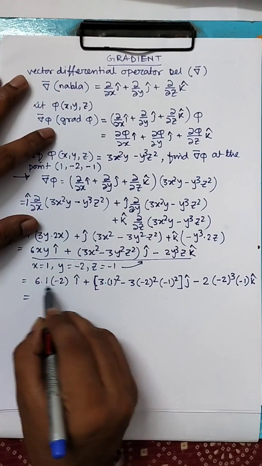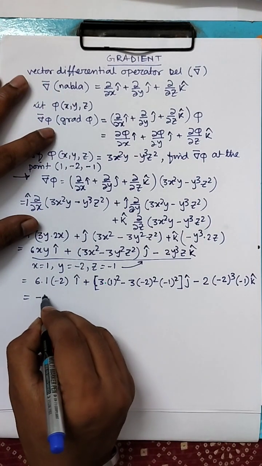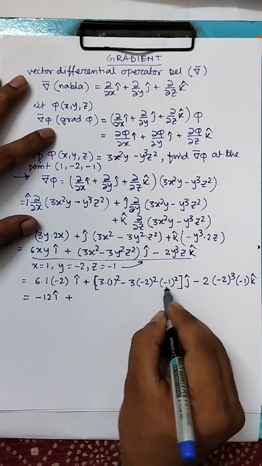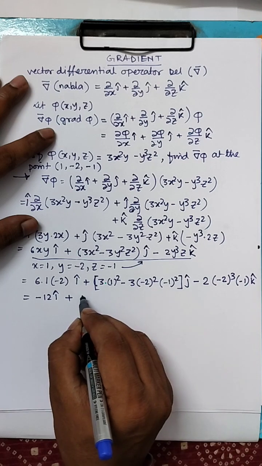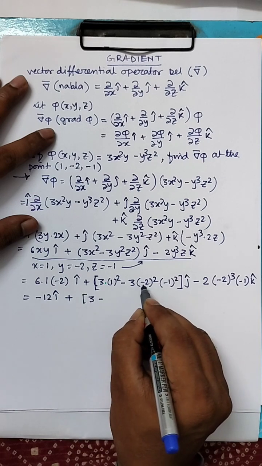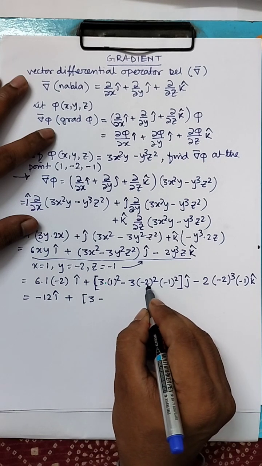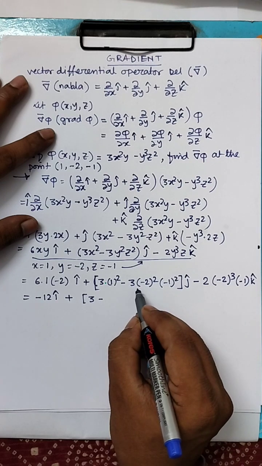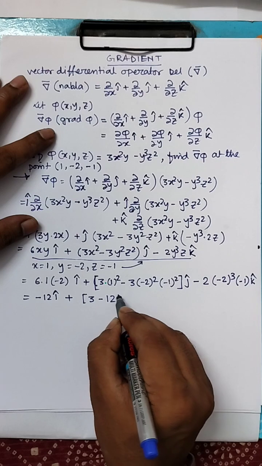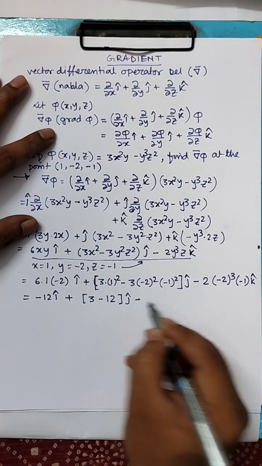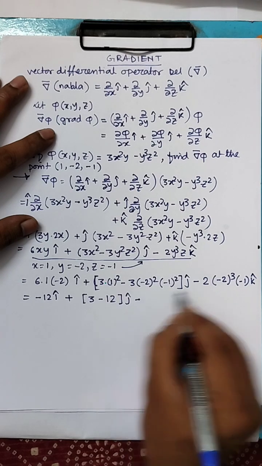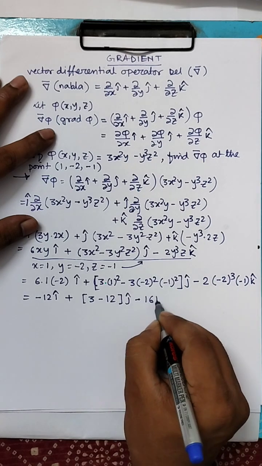So the final answer is 6 multiplied by -2, so -12i, plus 3 minus 12, so -9j, then minus minus is plus, so -2 times -8 times -1 gives -16k.